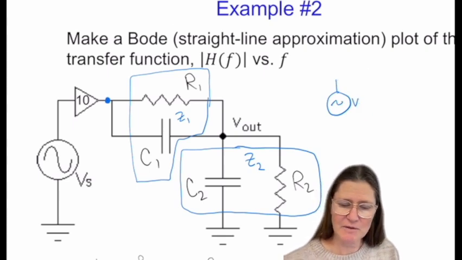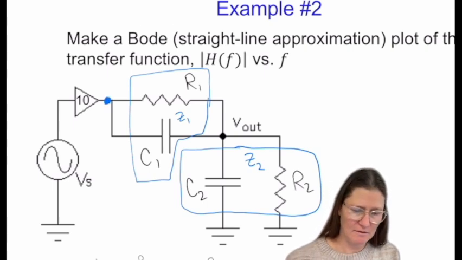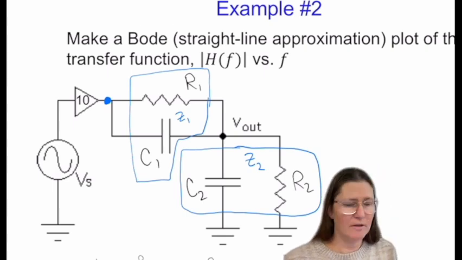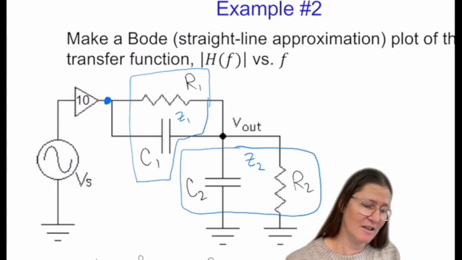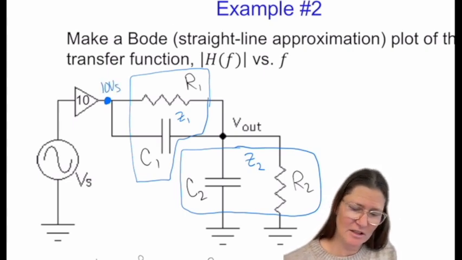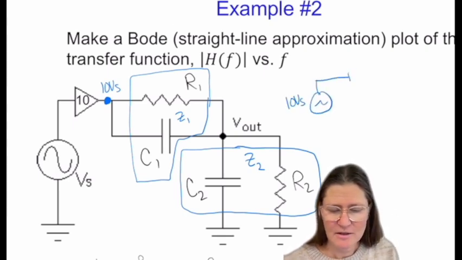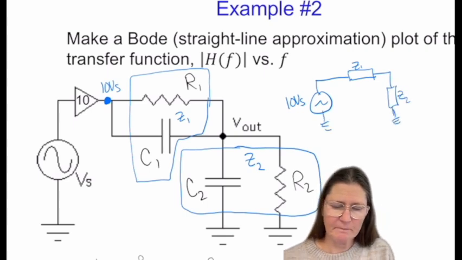I'm going to simplify it even more. What's this value in front of the 10? What's the value at that blue dot? 10 VS, correct. So I can just say that this is 10 VS, and I have a Z1 element and a Z2 element. And this looks like just what I did, right?